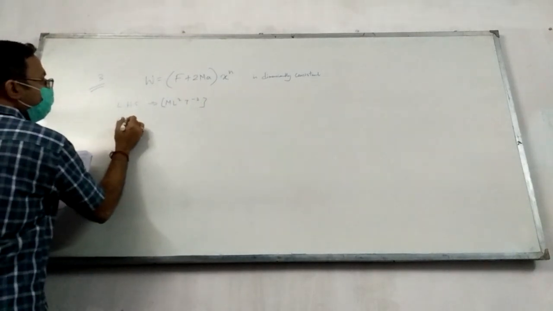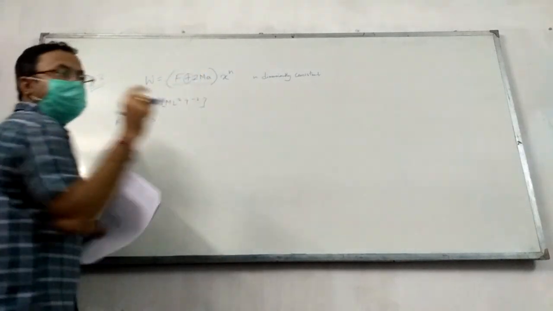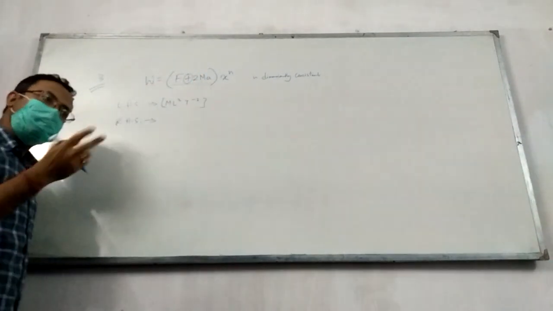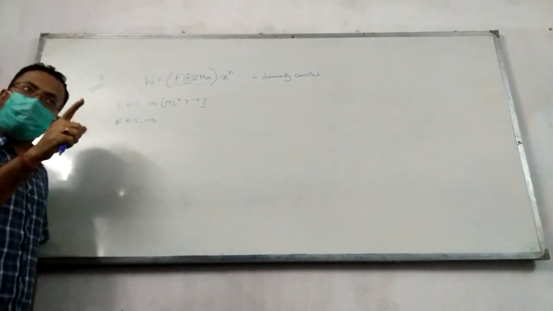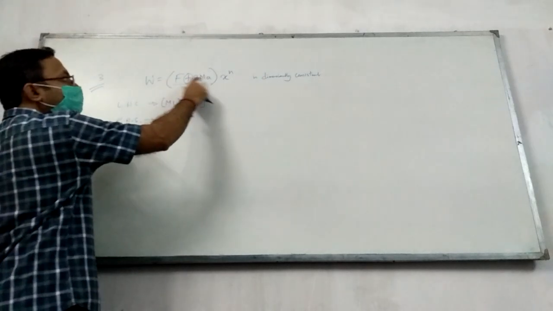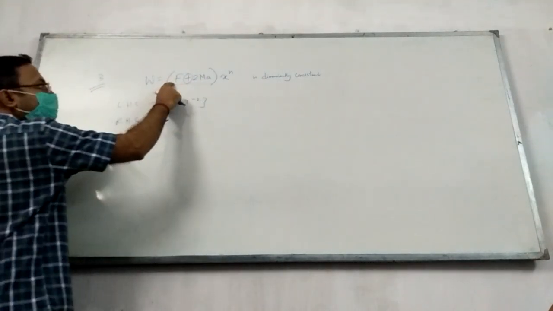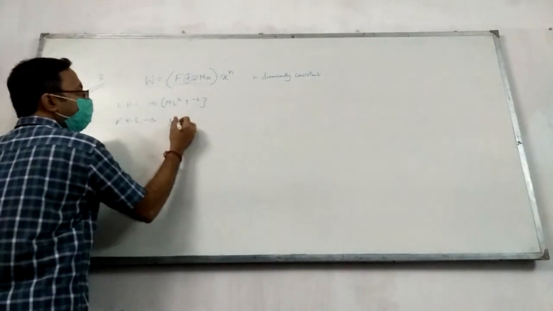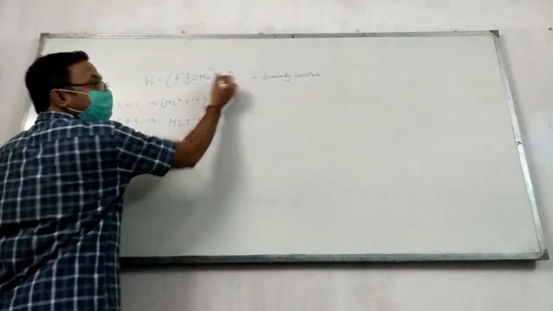And RHS, see this whole thing, see addition. Whenever you see an addition, it means this one and this one has to be dimensionally same because it is the principle of homogeneity. So you don't need to write two dimensions separately. Just write one dimension for the whole thing, and that will be the dimension of force. So it will be M L to the power minus 2 into x is distance.